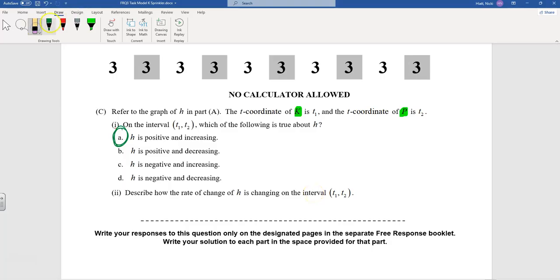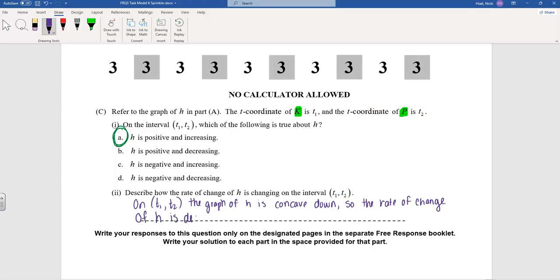So, we're going to say on T1 to T2, the graph of H is concave down, so the rate of change of H is decreasing on this interval. That's your answer for this part.